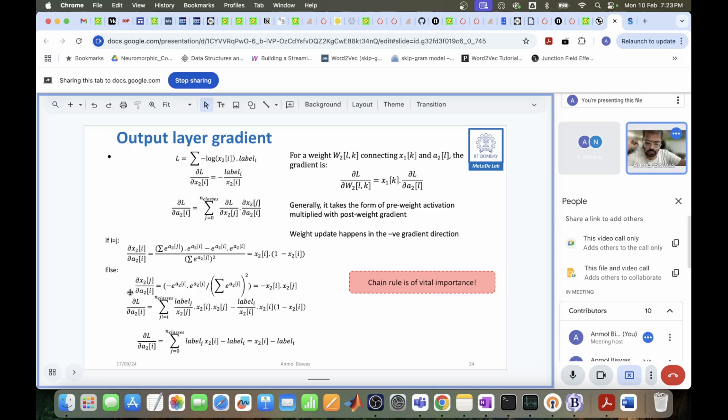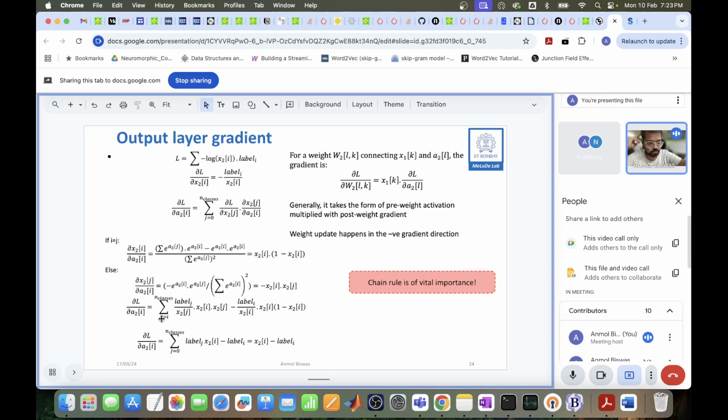So we get the gradient of loss with respect to a to I, which has been split up into two terms. The first is a summation for j not equal to I, right?